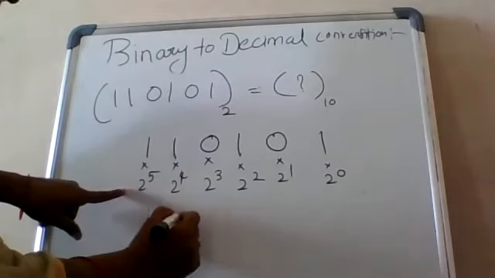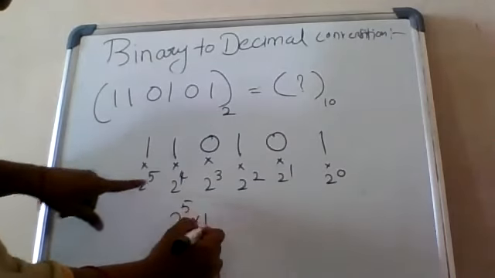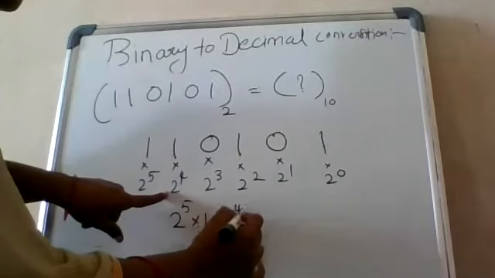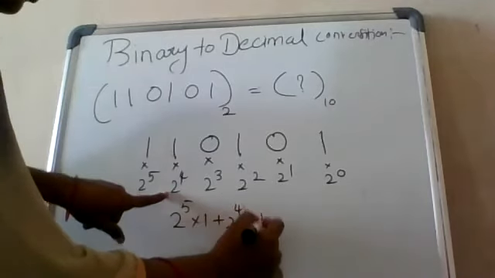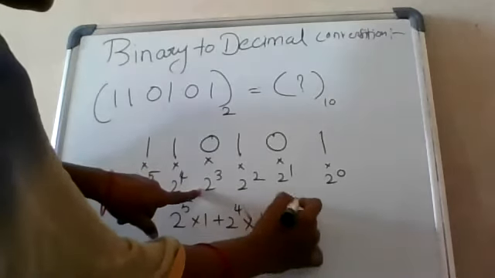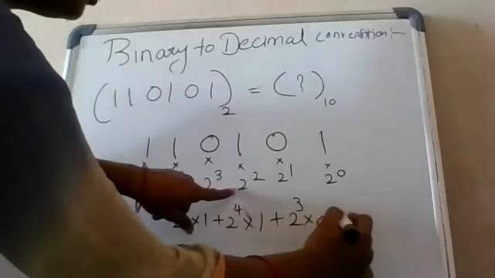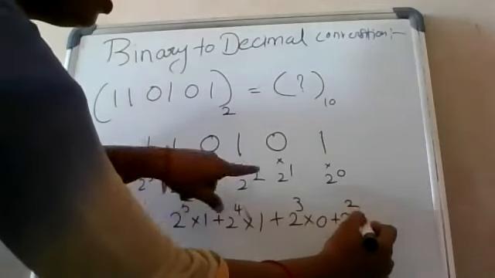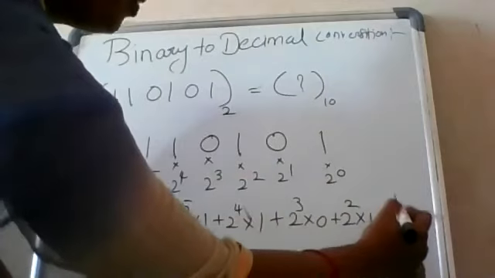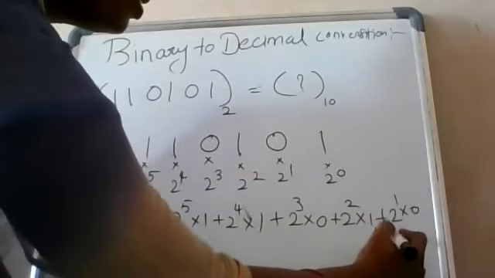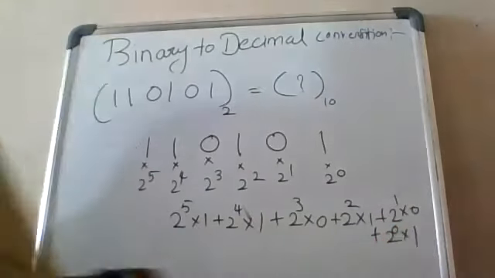Next, 2 power 5 into 1 plus 2 power 4 into 1 plus 2 power 3 into 0 plus 2 power 2 into 1 plus 2 power 1 into 0 plus 2 power 0 into 1.